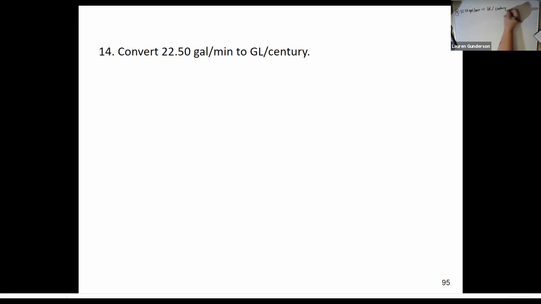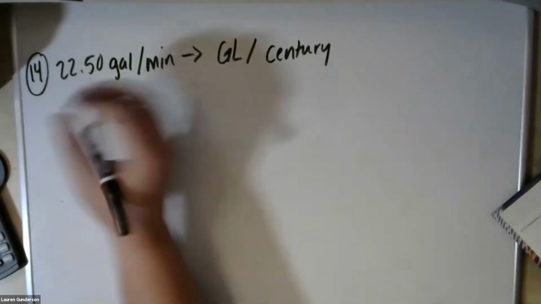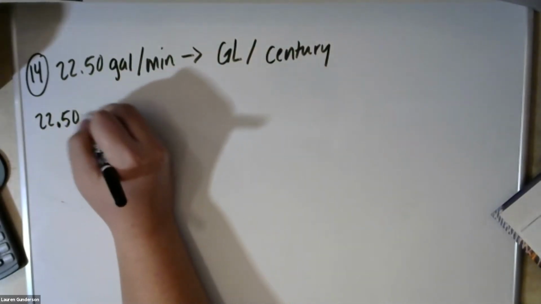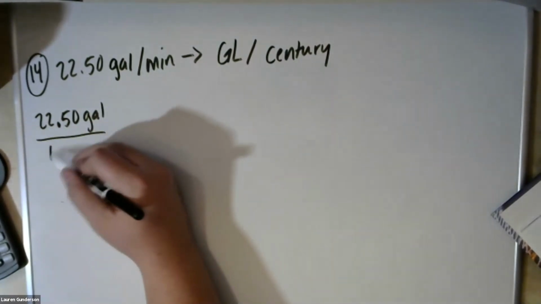This is such an obnoxious conversion. But it's good practice. So the first thing I'm going to do is rewrite it. So 22.50 gallons per 1 minute.